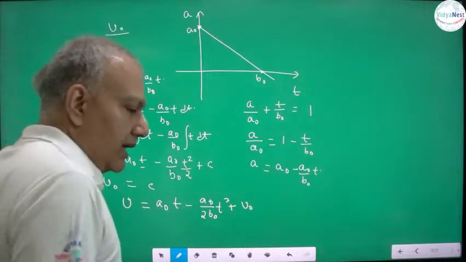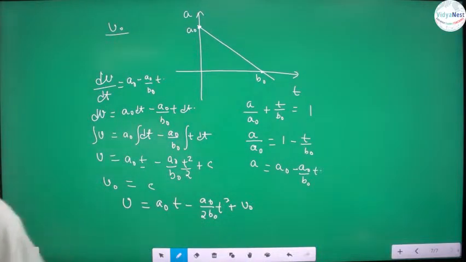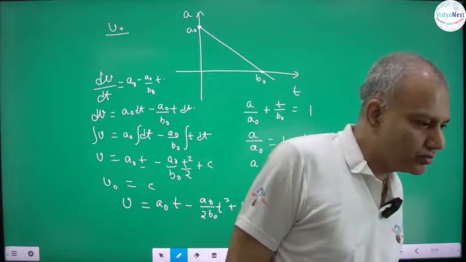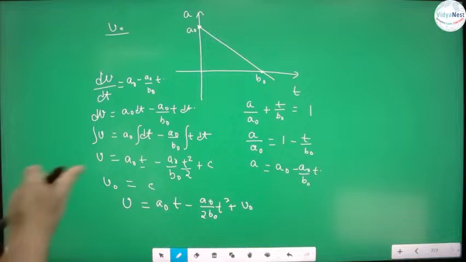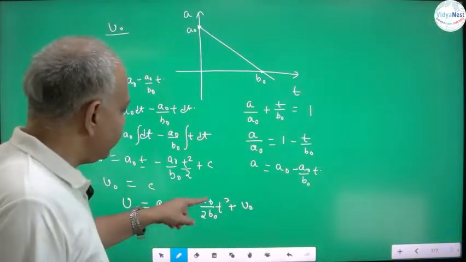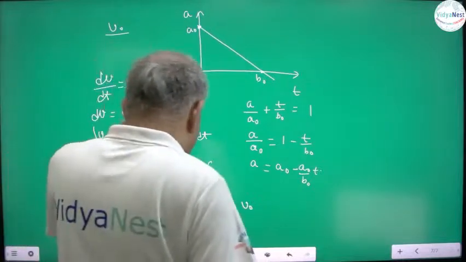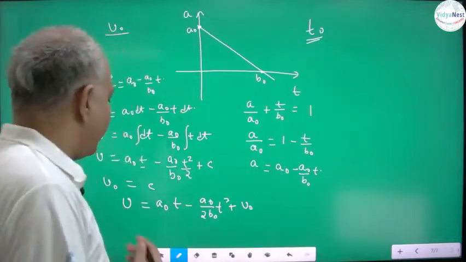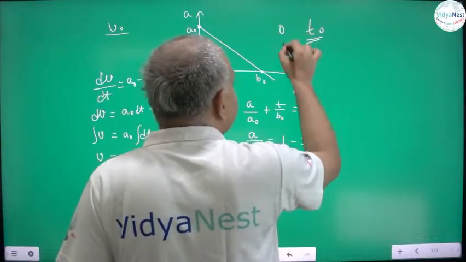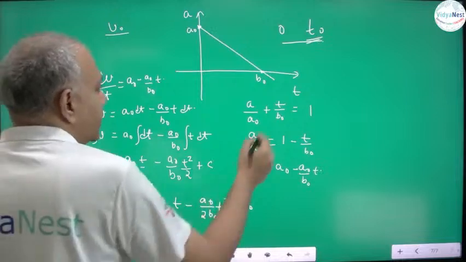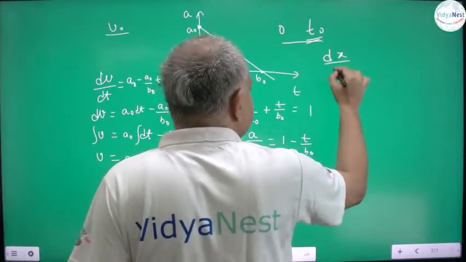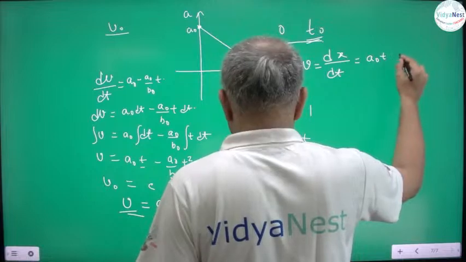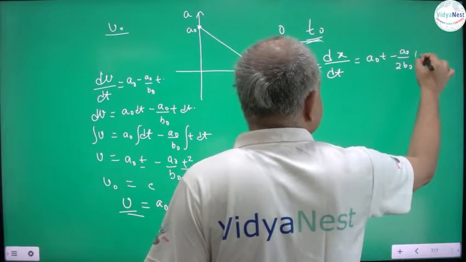Now in this situation, if the question asks what is the displacement after starting the motion, from starting at 0 to time t naught, then v is equal to dx by dt, the rate of change of displacement, is equal to a naught t minus a naught by 2 b naught t square plus v naught.